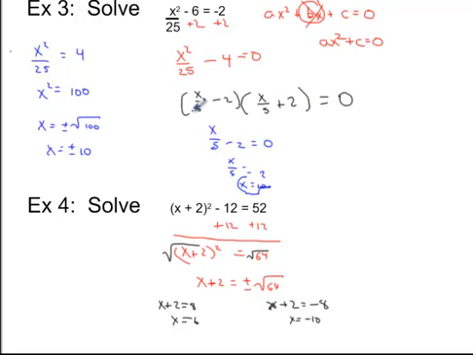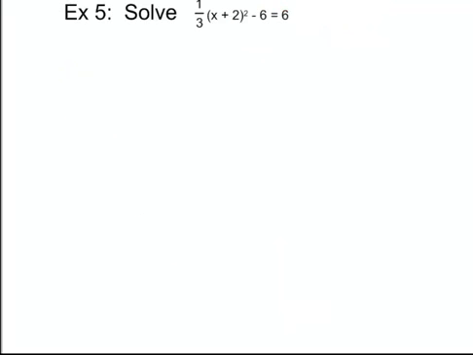So x equals plus or minus 10. Alright, that might have been confusing since I showed two different ways to solve it. The factoring way is not the way I'm trying to explain in this video, but if you saw it and it could have been done that way, you're more than welcome to do that.